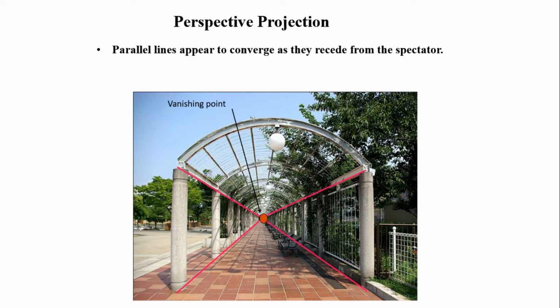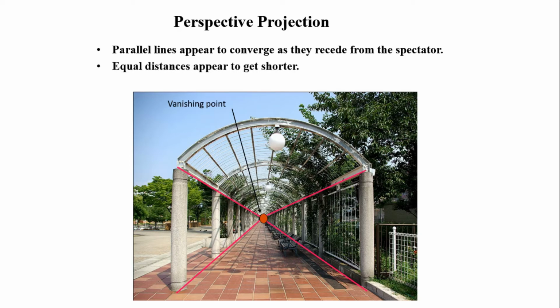And this particular point, in which the total length becomes zero, is known as the vanishing point, because at the vanishing point every height becomes zero, every width becomes zero, and every breadth becomes zero. So that is why it is known as the vanishing point.